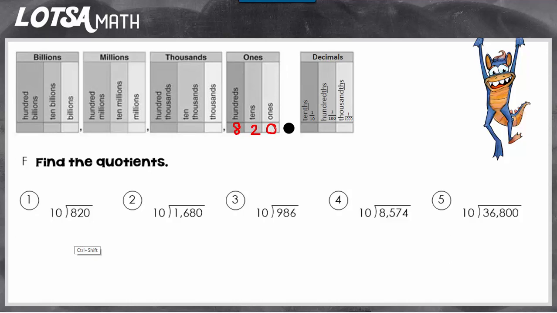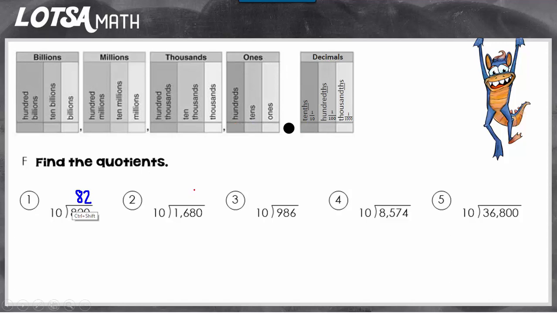So the 0 moves from the ones place to the tenths place, the 2 moves from the tens place to the ones place, and the 8 moves from the hundreds place to the tens place. Once we've shifted all of our digits, we see that the value is 82.0, or just 82. So 820 divided by 10 is 82.